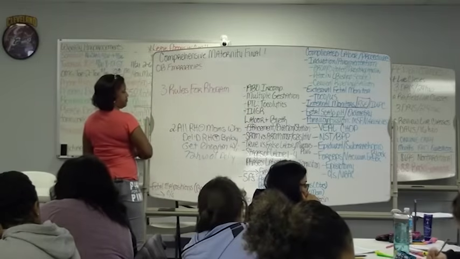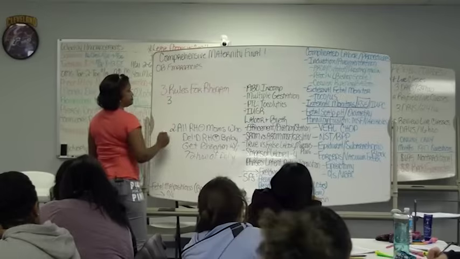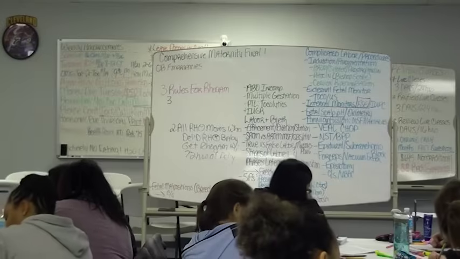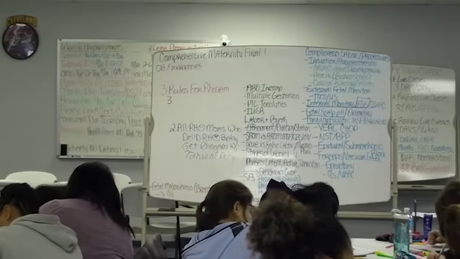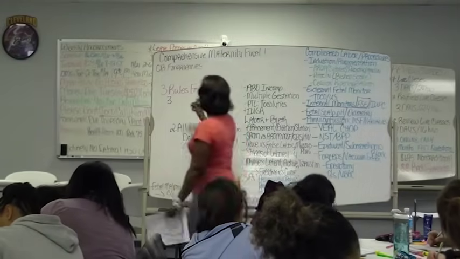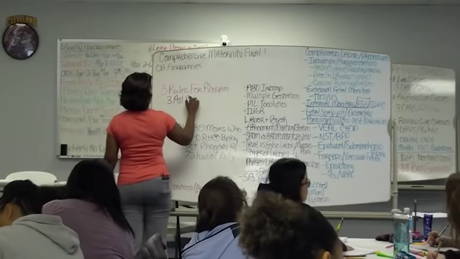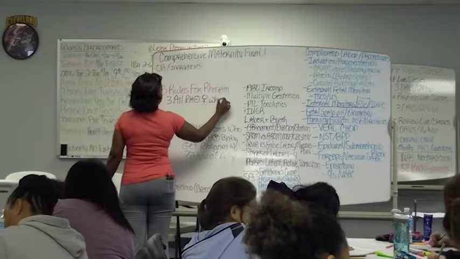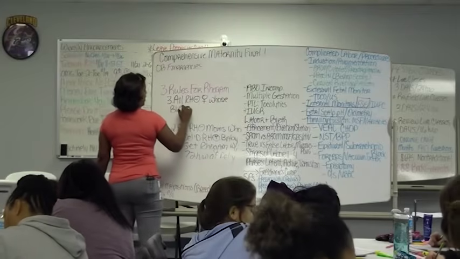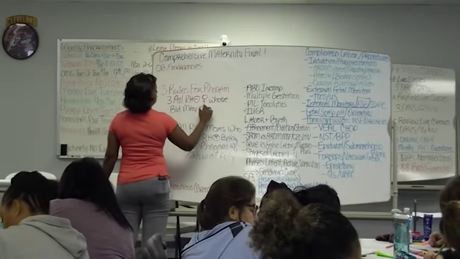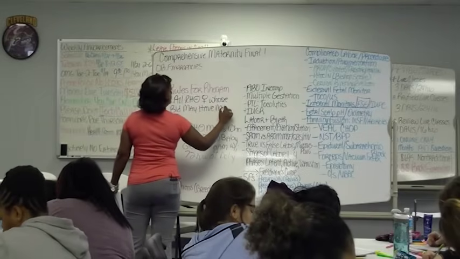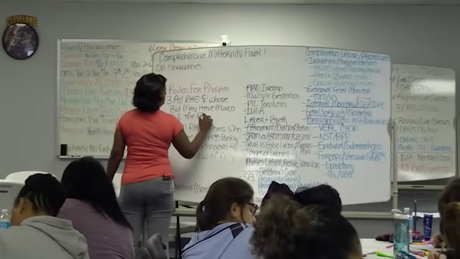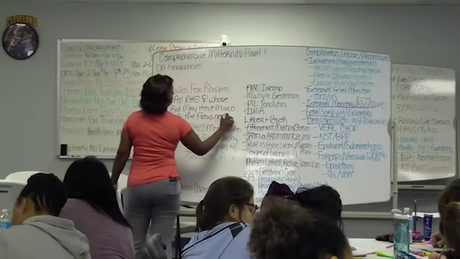Rule number 3. This is the hard one. All Rh negative women whose blood may have mixed with the fetus get Rhogam.